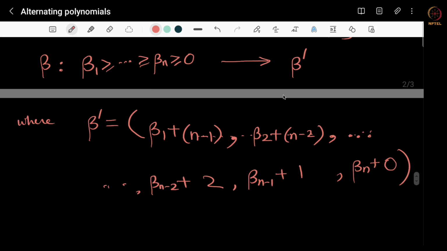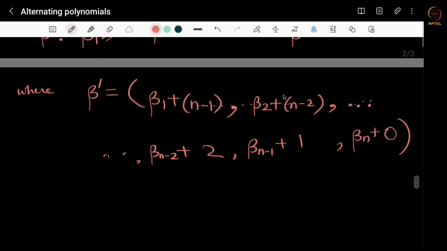And it's easy to check it's actually a bijection. The converse map is also easy to describe. If I have an n tuple with all distinct, strictly decreasing numbers, I can subtract from those numbers larger and larger numbers. So I subtract 0 from the very last term, 1 from the next term, 2 from the next term, and so on, till from the very first term I must subtract n minus 1.